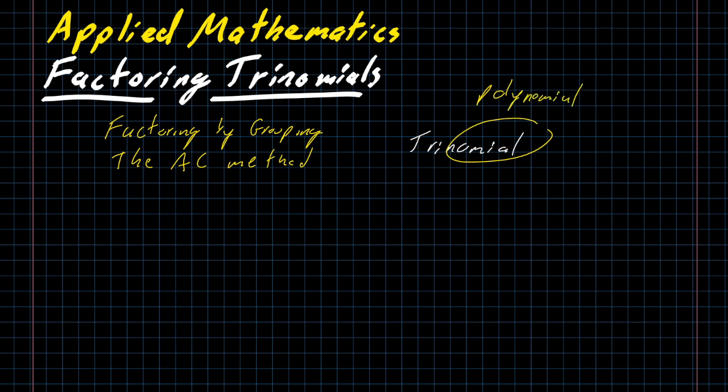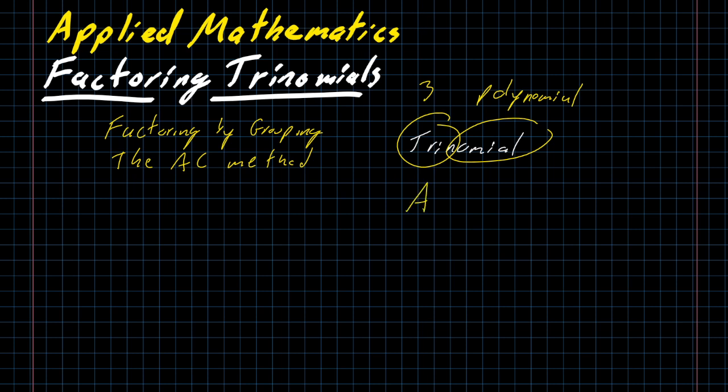Things that are formed by adding and subtracting terms that have variables to various powers. And the prefix here is "tri." Like a triceratops, a tripod, or a tricycle, a trinomial is going to involve the number 3. Specifically, a trinomial is a polynomial that has 3 terms.